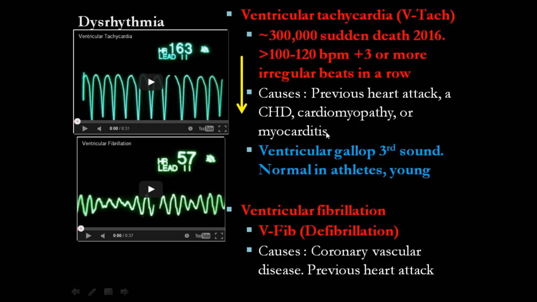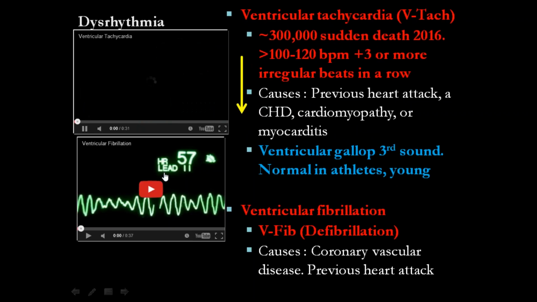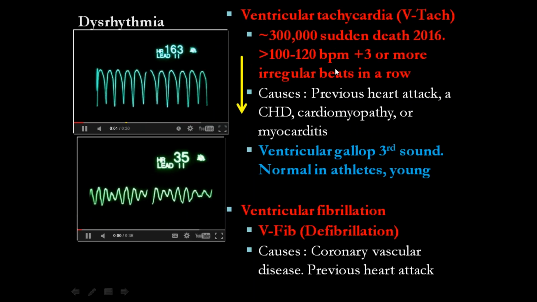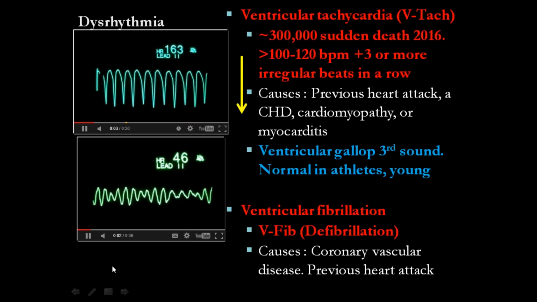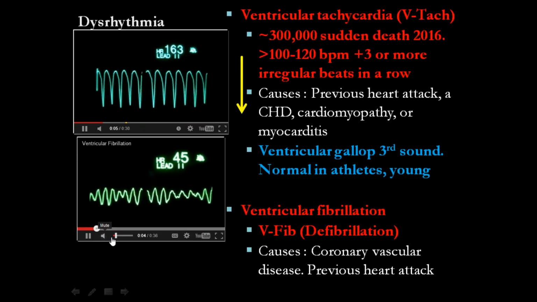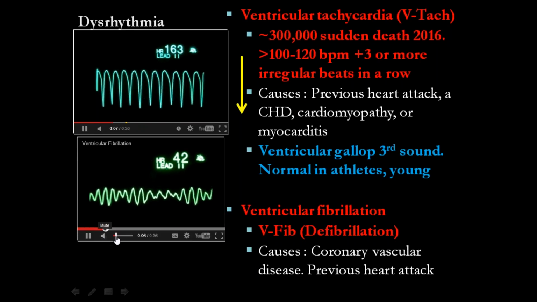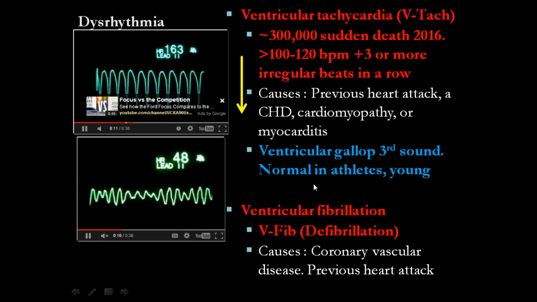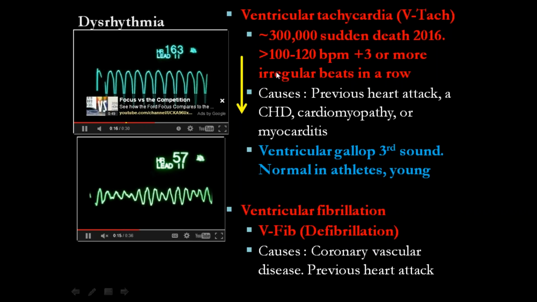Okay, talking about ventricular tachycardia and ventricular fibrillation, this is very important to know, because those are the ones that produce sudden death. Okay, so we have VFib and VTach.